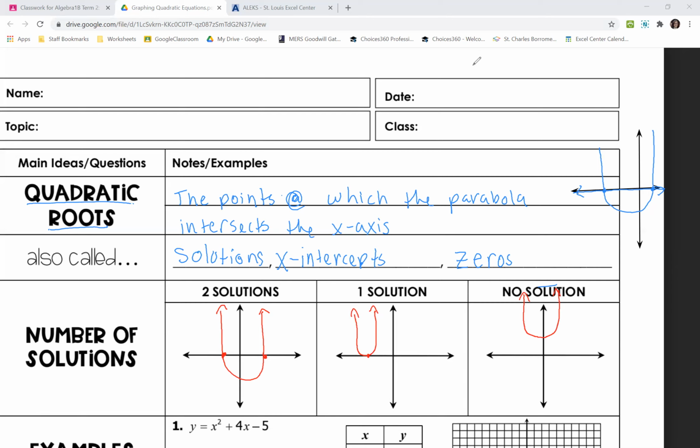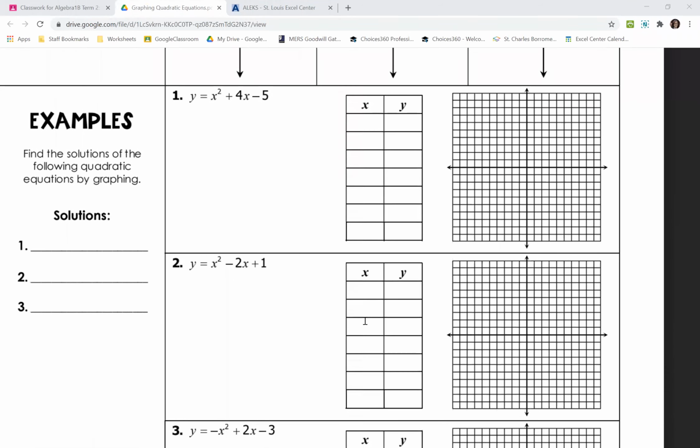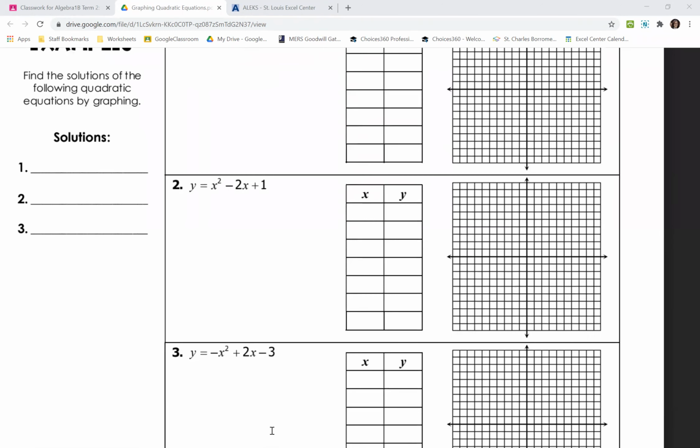All right, let's scroll on down. Before we look at graphing these, there's one other very important point that we need to talk about on a graph. Since we were kind of skipping around, off to the side here, there's a little bit of extra room.